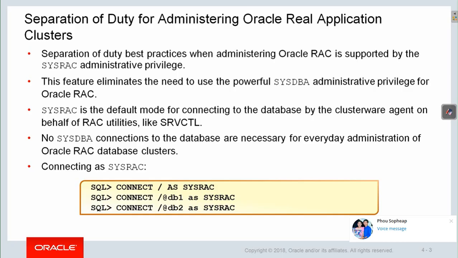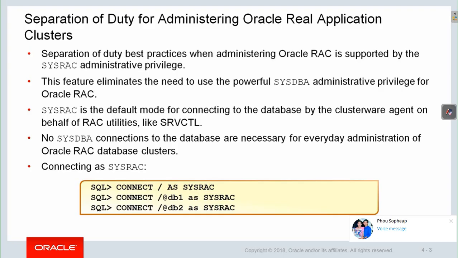In order to lower and limit the privileges that an admin can have, starting with 12.2, we use another new privilege, which is a subset of SYSDBA, named SYSRAC. It is the default mode for connecting to the Oracle database by the Oracle Clusterware agent on behalf of RAC utilities like SRVCTL. For example, you want to stop a RAC database instance.